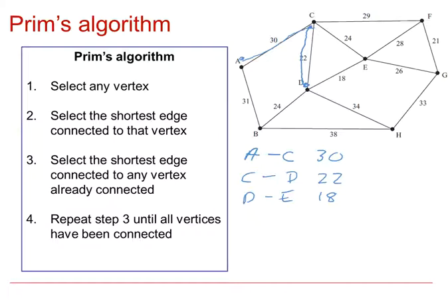I could go from D to B with 24, or I could do CE at 24. But I can't, because what I've forgotten to do in this diagram is that I've already joined E to the network. So drawing the network as you go along really helps you avoid these mistakes. So DB at 24 gets added.